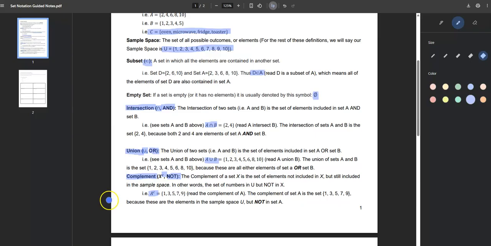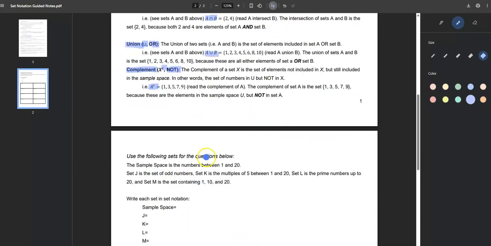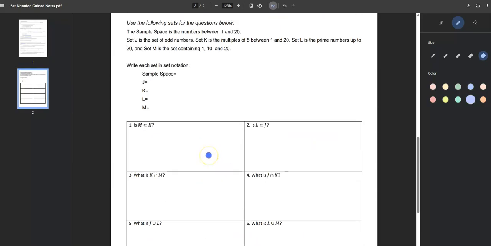Okay? Let's get into some actual examples with some numbers that might make a little bit more sense as we go here. We're going to write these sample spaces down. My sample space is 1 through 20. So I'm going to use my brackets, and then I'm just going to list out all my objects from my sample space.